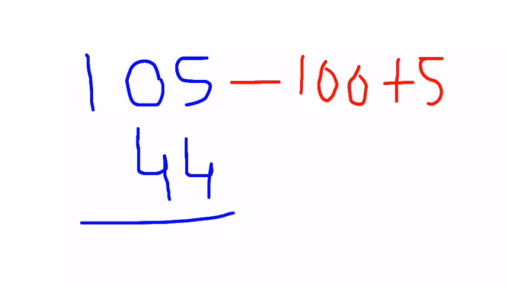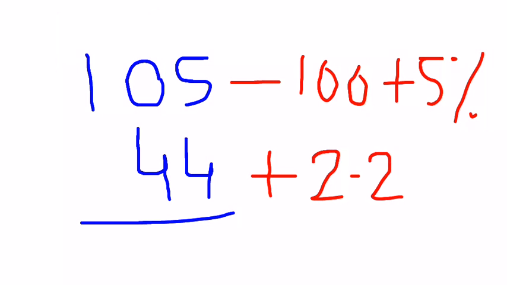Then 100% of 44 is 44, and then you add on top 5%, which is 2.2. So your result becomes 46.2 multiplied by 100, which is 4620. So it's actually quite easy to calculate using percentages, and I'll give you some more examples.